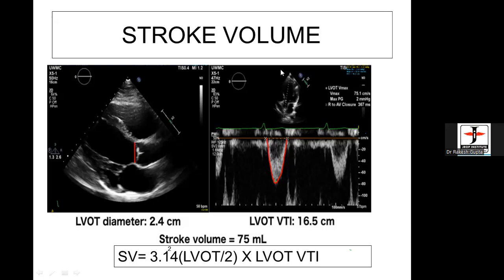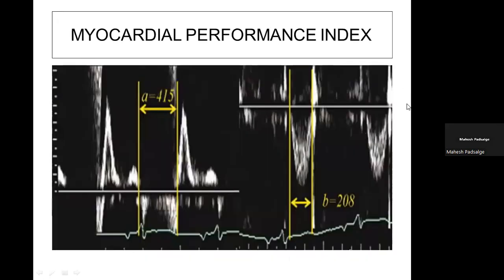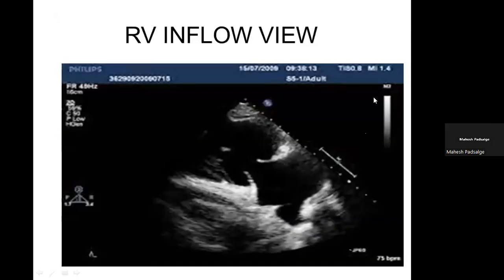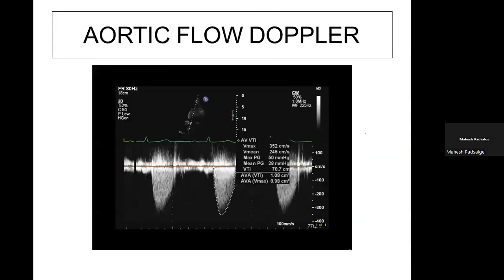Mahesh Padsalke. Sir, a lot of people are giving RVEF in the report nowadays. Whether it needs to be given, or whether they are deriving this RVEF reading from the Simpson's method or from TAPSE?